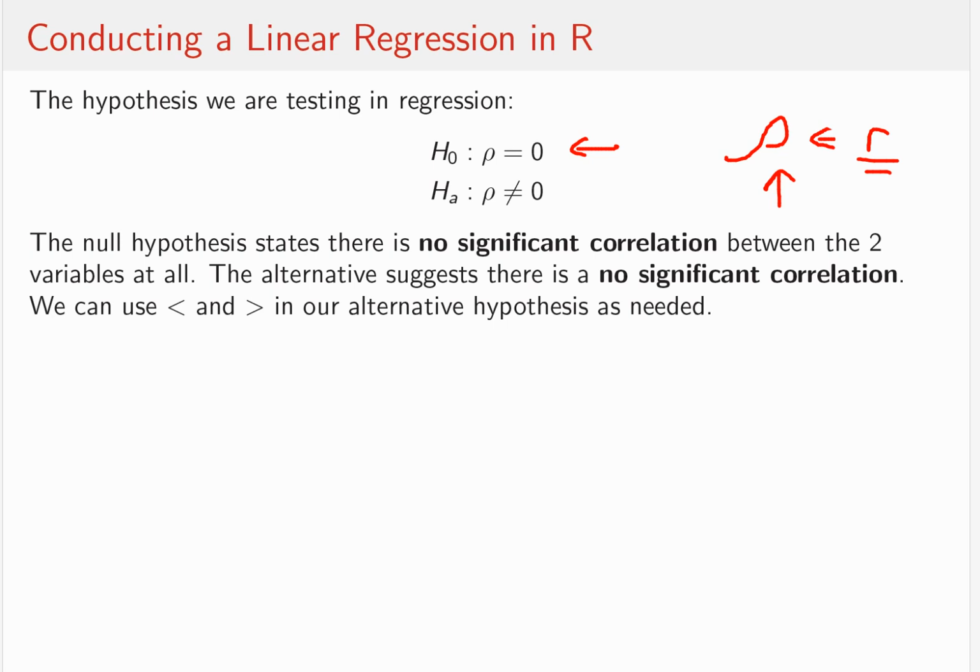And the null hypothesis is there's no correlation at all. There's zero correlation. Then there is some significant correlation between the two. And sometimes we can guess whether it's less or greater depending on how much information we have from prior research. But this one usually works.